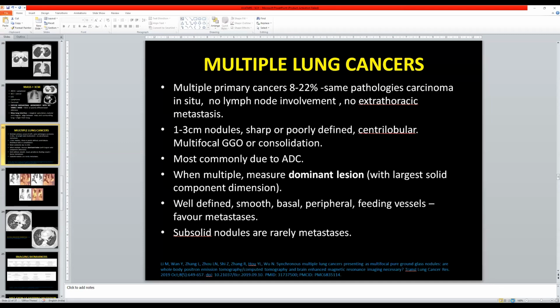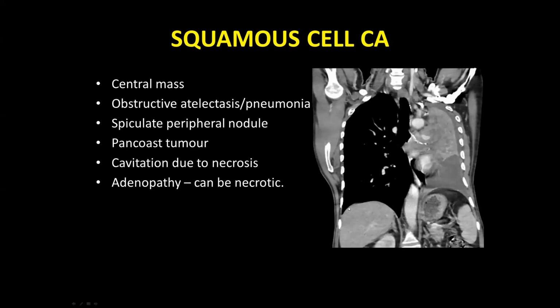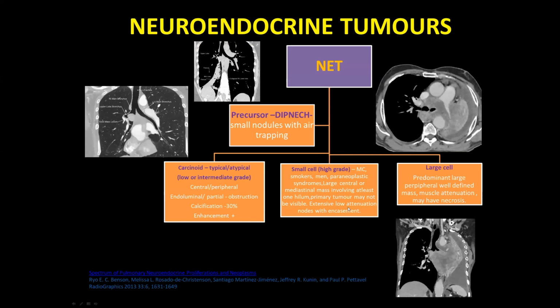One most important question is, should we try to say the possible type in our reports? I don't think so. Maybe the lipidic, and I don't know how you do it in Vellore, Aparna.